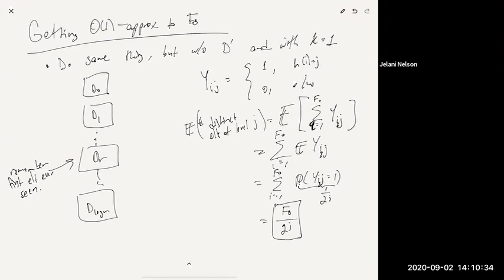So the number that appear is f0 over n in expectation. So what's the probability that you see at least 1? This implies the probability that you see at least 1 element there is at most n over f0 by Markov's inequality.